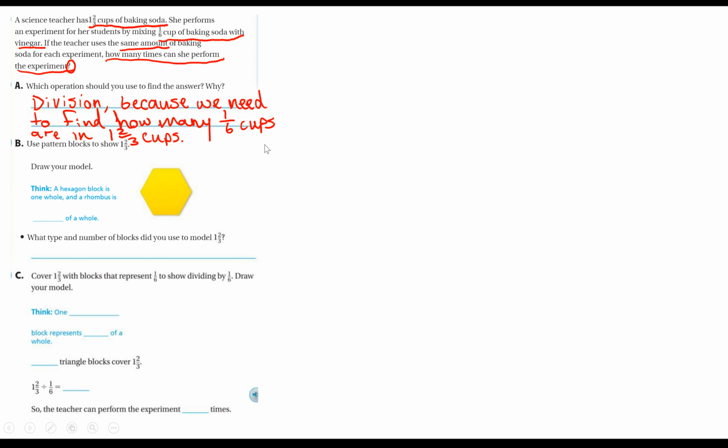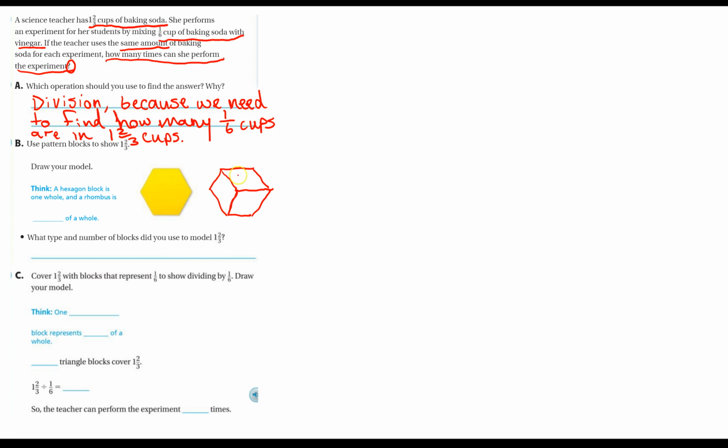All right, use pattern blocks to show 1 2/3. Draw your model. So we have one whole right here, and let's go ahead and copy this image down as best we can to get now our 2/3. It's going to come down like this, and over, and down like that.